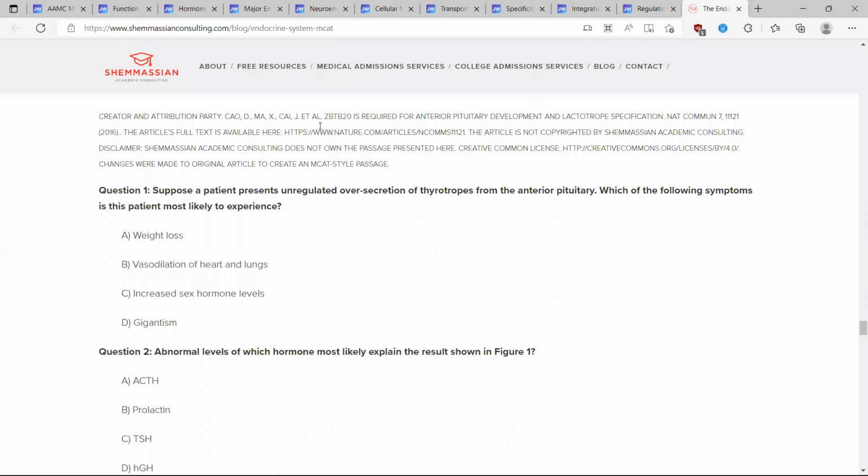Okay. So what is TSH? What do we know about TSH? Well, TSH is thyroid stimulating hormone. It might not be thyroid, it might be thyrotropin or something like that. I forget exactly, but it's that stimulating hormone.